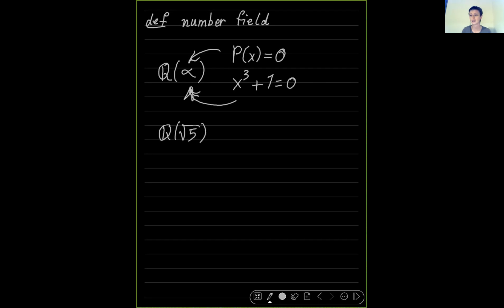What are the limitations of what you can do with this? That's what we usually work with in number theory. So in these fields, we have the algebraic integers, which are those which are roots of some polynomial that's monic, so where the first coefficient in front of the big power is 1.